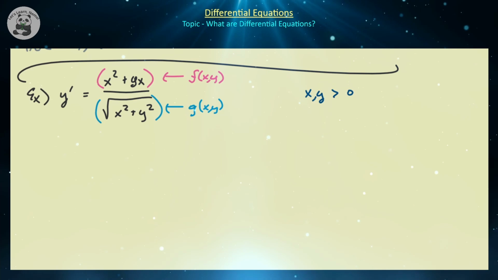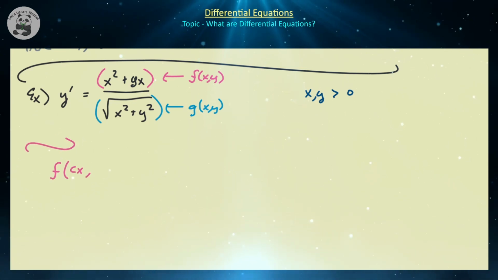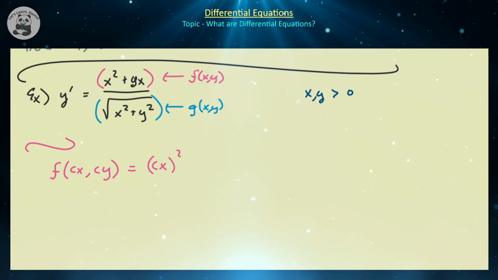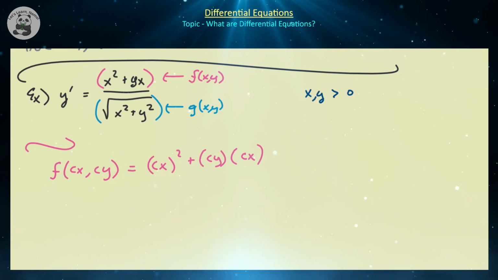So first off, are f and g homogeneous functions? If they are, then when we replace x with cx and y with cy, so we're going to get cx squared plus cy cx, we should be able to factor out some c's.